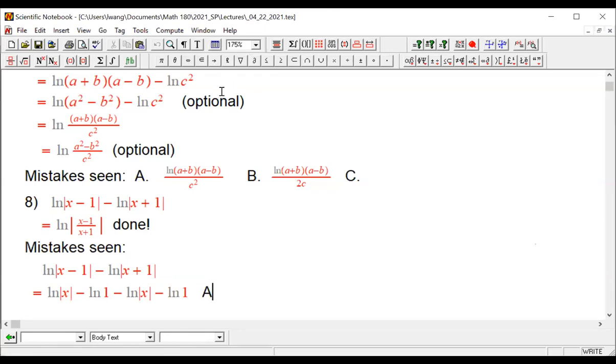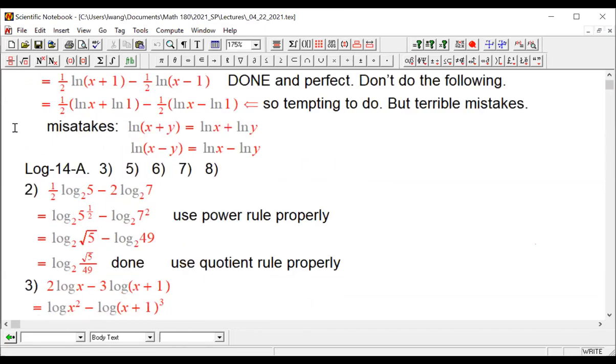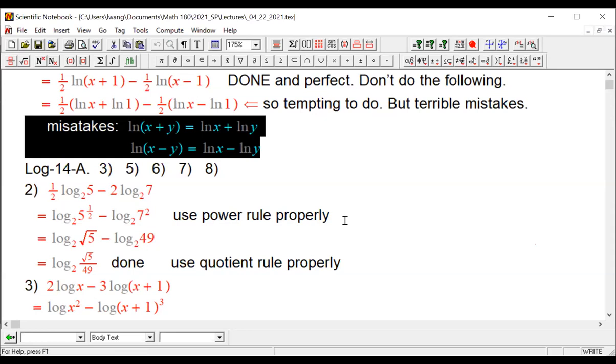It's just awful. So what kind of mistake is this? It's not only these kinds of mistakes repeated.